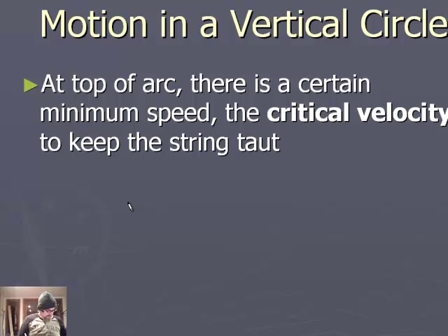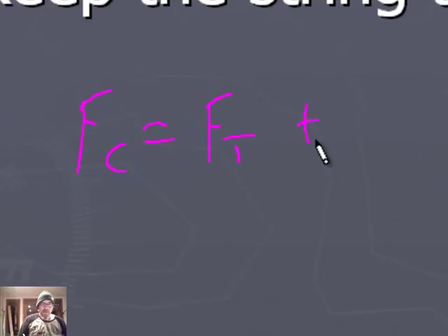At the top, we know that the centripetal force is equal to the force of tension plus the weight, the force due to gravity. Now, if we got to the point where the string has just lost its tautness, that means this force would go to zero. And that would represent the point where you have just crossed the line from being able to make the thing spin and keep string tension, and not. So this represents a sort of minimum speed, or what we call the critical velocity.